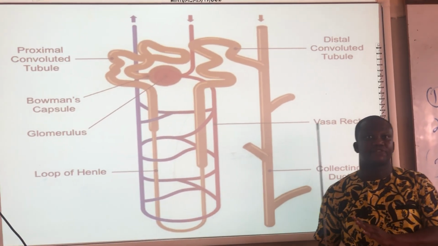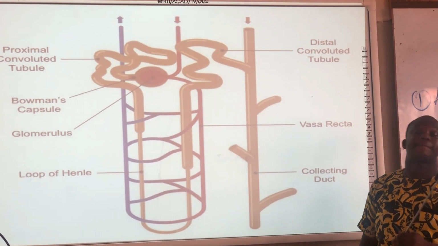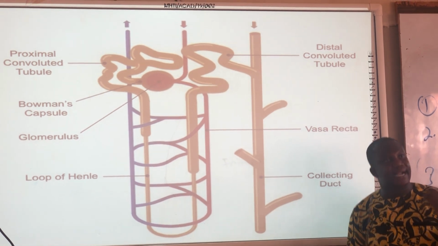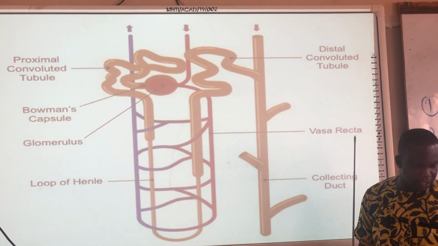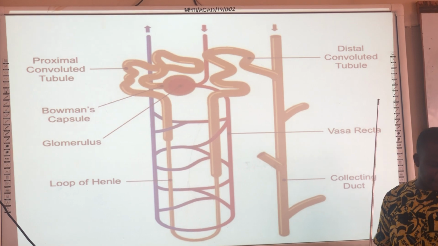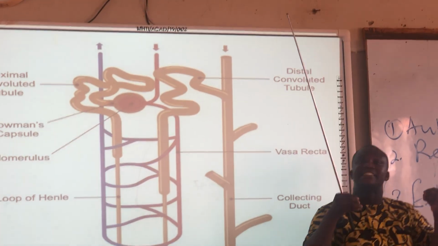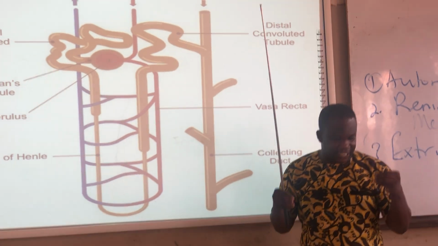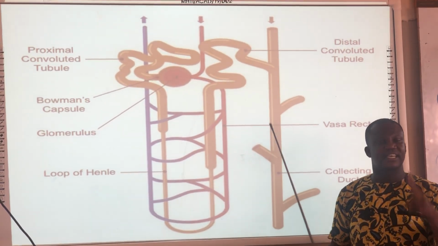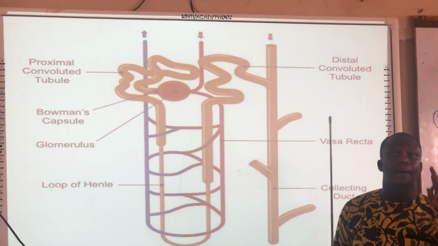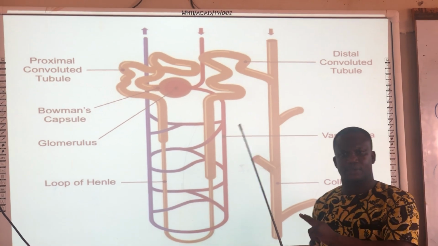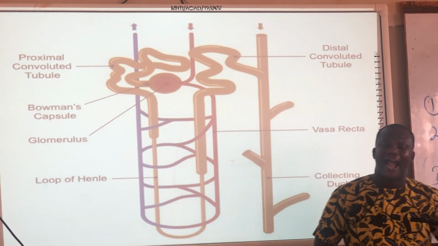Now, what about passive transport? The mechanisms of passive transport include electrochemical attraction, diffusion and osmosis. These are examples of passive transport.